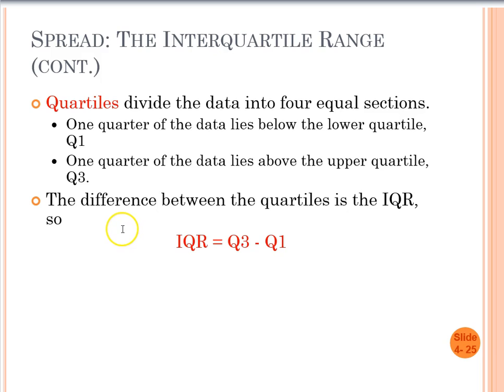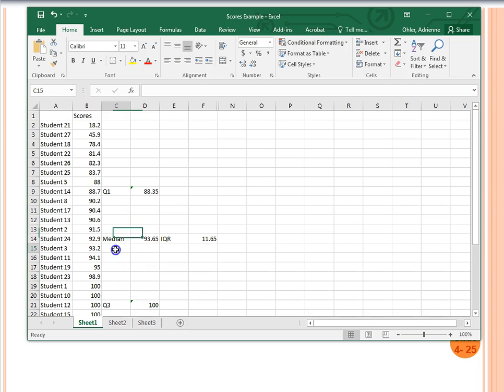Each section will have exactly 25%, and we'll take the 3rd quartile and subtract the lowest quartile, and that will be our interquartile range, the difference between the third quartile and the first quartile. The second quartile is actually the median. So we found this earlier, the second quartile, when we found the median. And again, 50% of the data fall below that second quartile and 50% fall above.